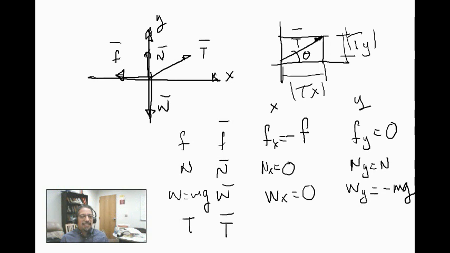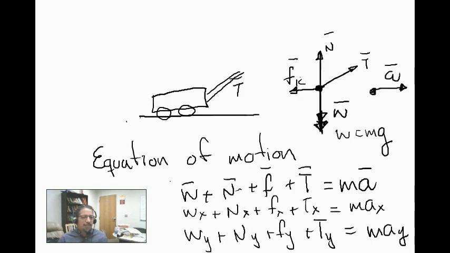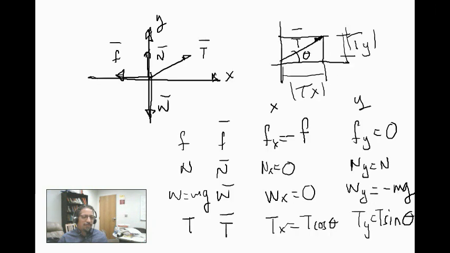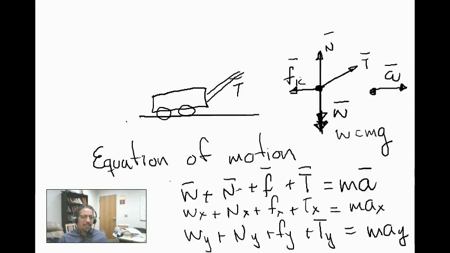This is the adjacent, this is the opposite. So Tx is equal to T cosine theta, and Ty is T sine theta. And then we are done. Go back to these equations and go back and forth, so you know the Wx and Fx in terms of that.